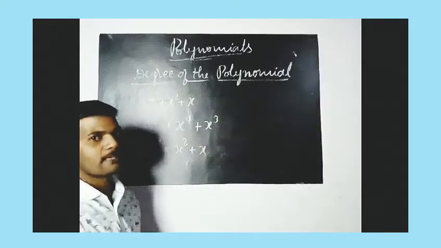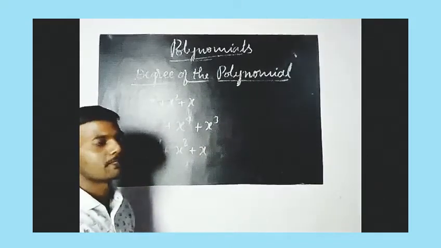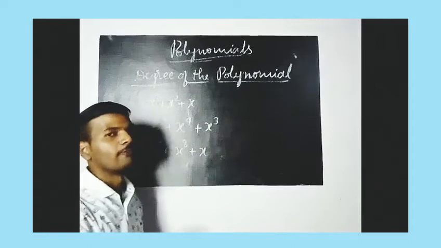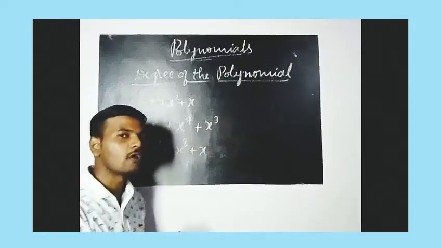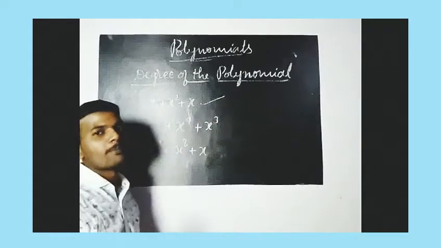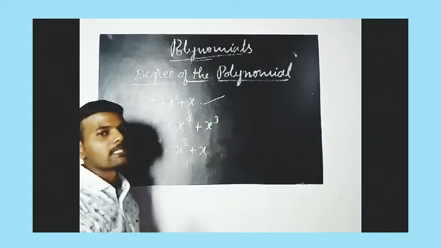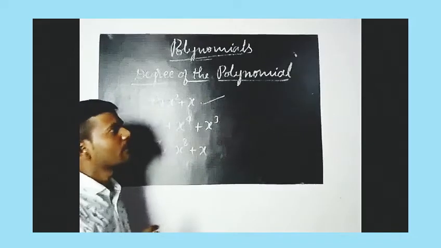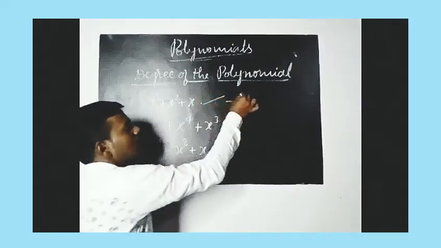So these are examples of polynomials in one variable, because only the variable x is involved. For the first polynomial, the highest power of the term is 3, so its degree is 3.